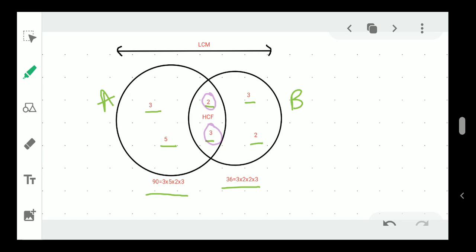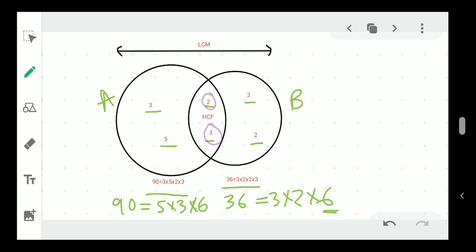So 6 is common to 90 and to 36. For 36 we can write 3 into 2 into 6, and for 90 we can write 5 into 3 into 6. So you can see 6 is common there. This 2 and 3 are making the 6, which is nothing but the highest common factor.